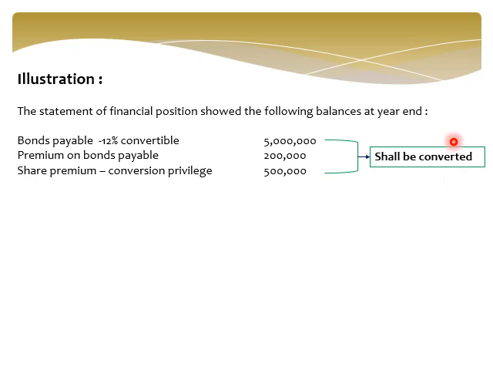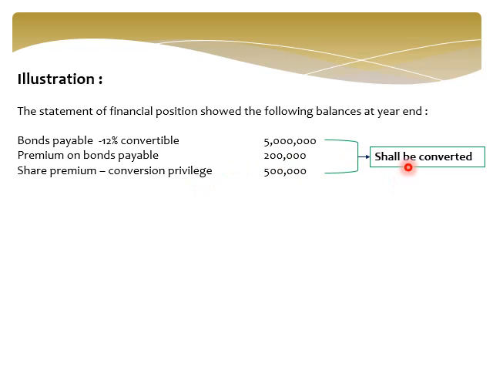Again, sa conversion kasi, ito yung compound financial instrument natin. The bonds payable, yung 5 million, merong premium na 200,000. Yan yung na-allocate sa bonds payable. And then meron tayong equity component na 500,000. The debt component, the equity component, ito yung compound financial instrument natin, the convertible bonds.